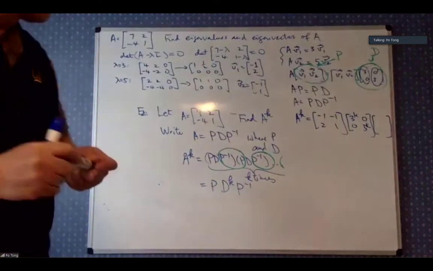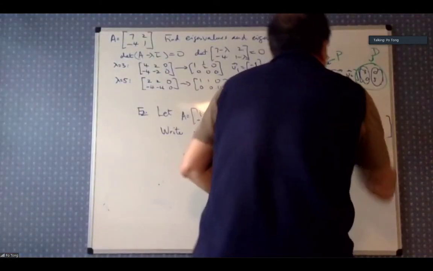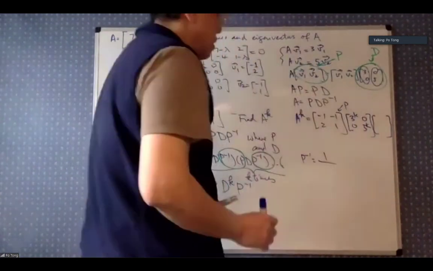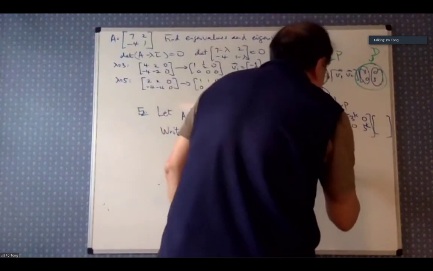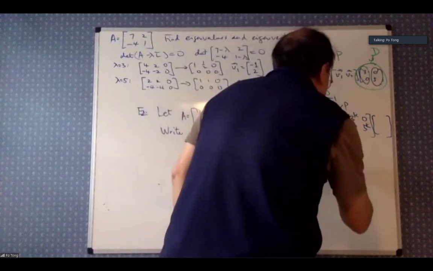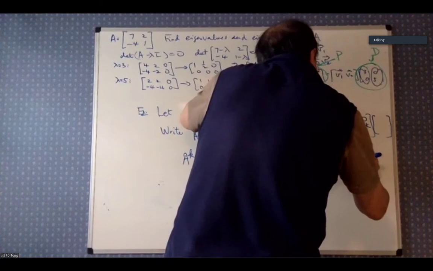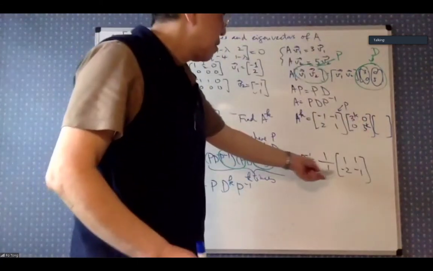Inverse of that matrix. So this is P. P inverse will be 1 over the determinant. Determinant is what? Minus 1 plus 2. 1 negative 1, 1 negative 2. This is my P inverse.